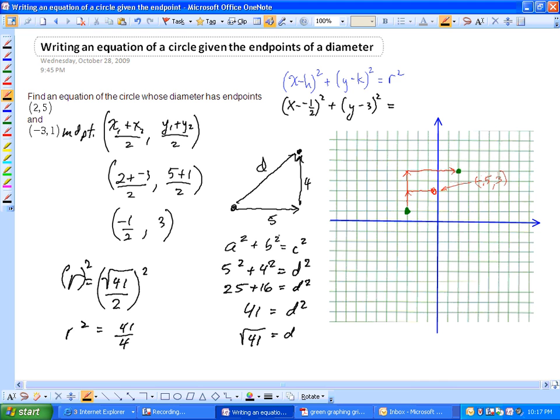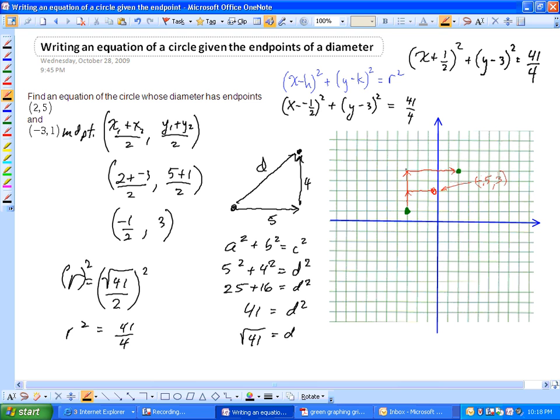So r squared is 41 over 4, so you can write this as 41 over 4. And that is it. The only thing you might want to simplify is the double negative here, and that's x plus 1 half squared plus y minus 3 squared equals 41 over 4. And that's how you'd get the equation.